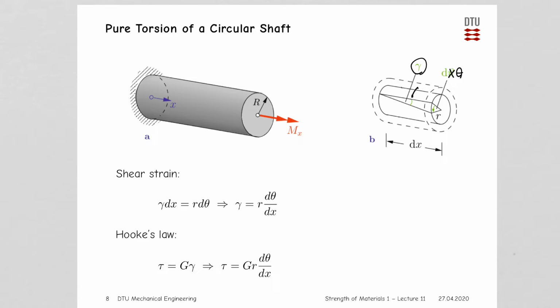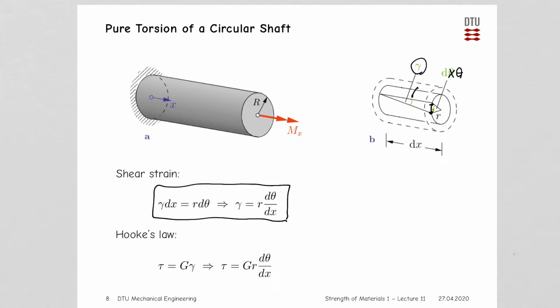So the product of these two gives the arc length that we have here. But that arc length we can also compute by the twisting angle, d theta multiplied by the radius r.